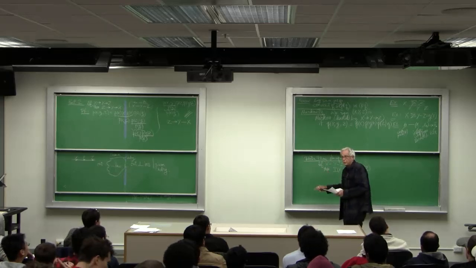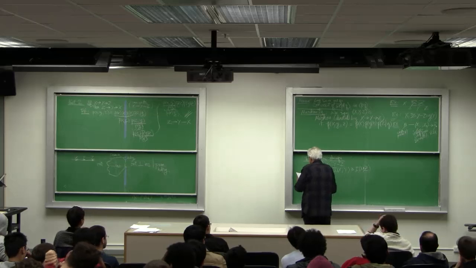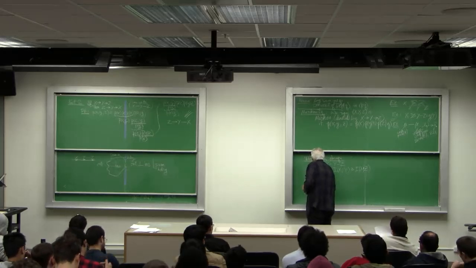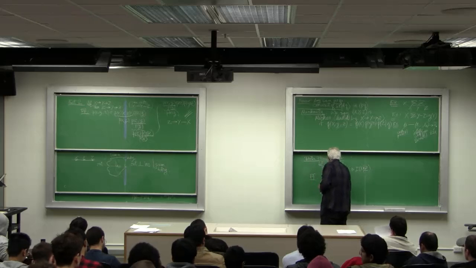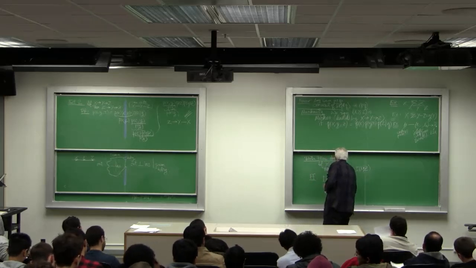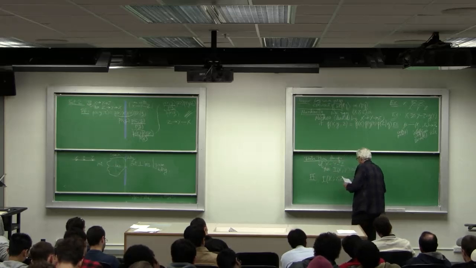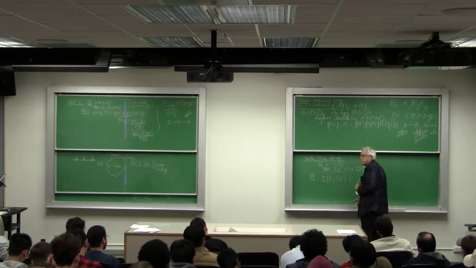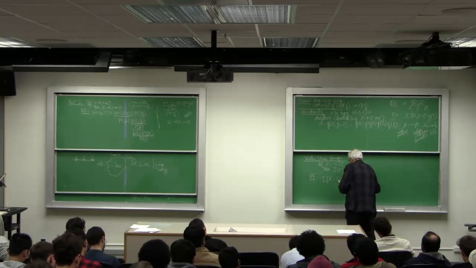Okay, let me quickly prove this and we'll take the break. Proof. The mutual information of X and Y and Z, I'm going to expand it in two different ways. It won't be the last time.